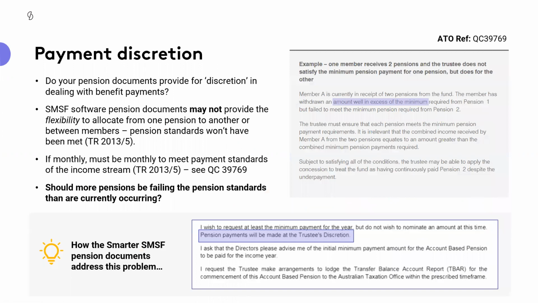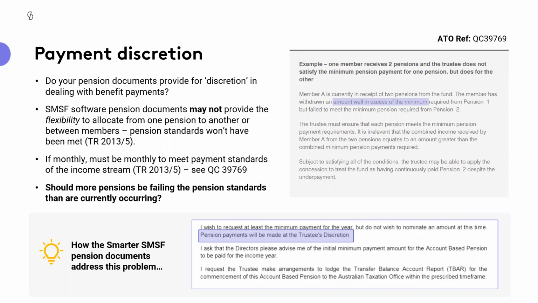Now, the other interesting thing here comes around our payment discretion. I'm going to jump back across to our documentation again shortly. And part of this is quite interesting because we have the ATO coming out and providing us with some interesting guidance around meeting the minimum pensions and particular issues around pension shortfalls.